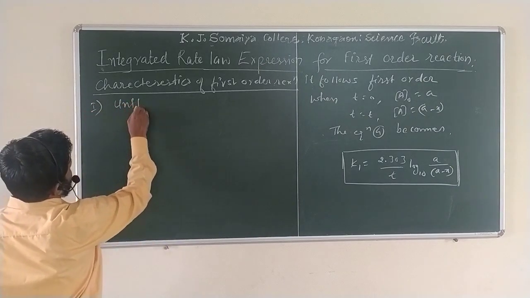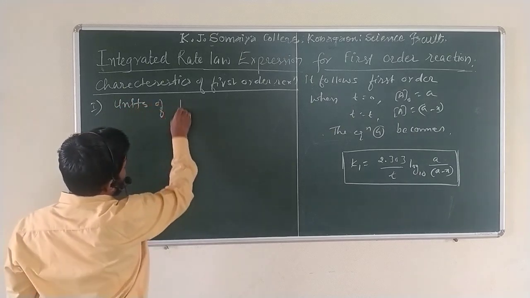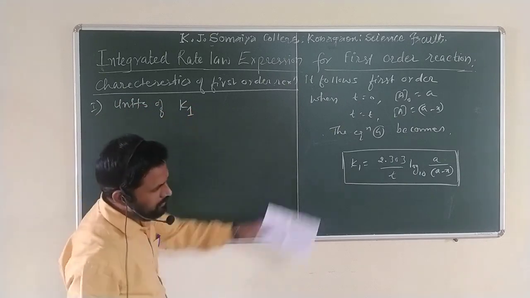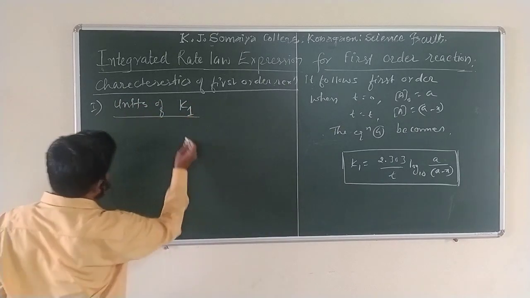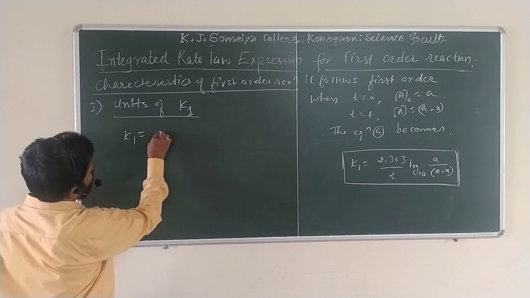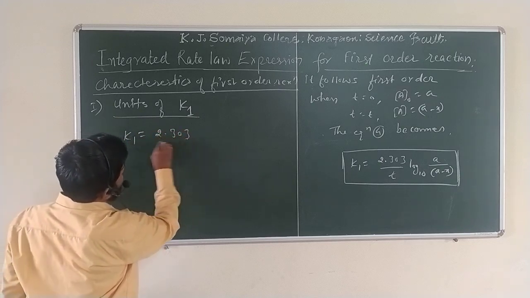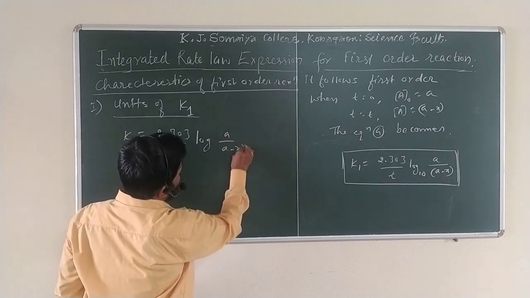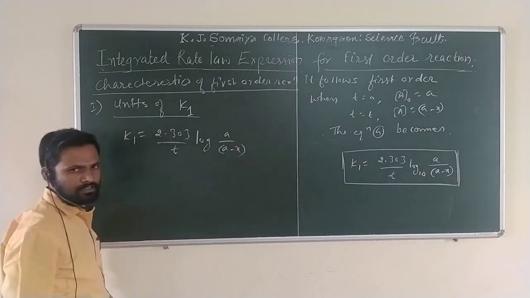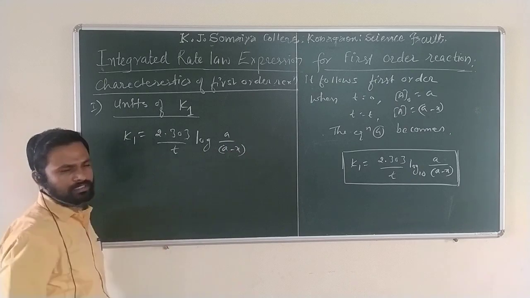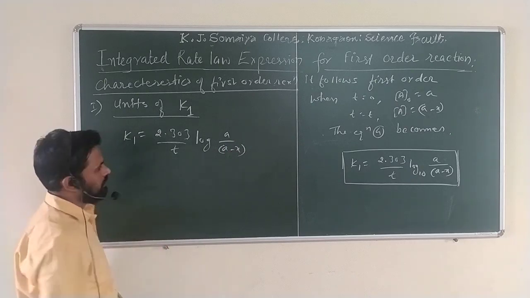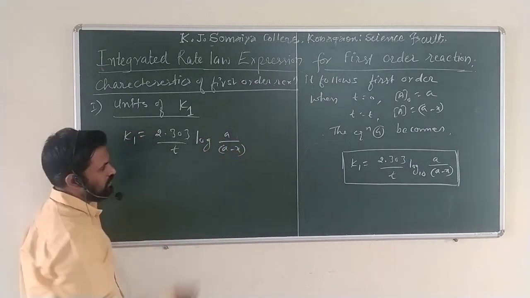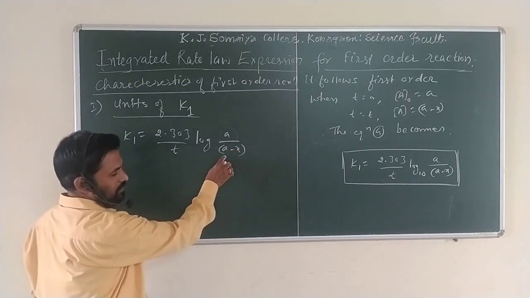Units of K1, the rate constant of first order. What will be the unit? First write the formula: K1 equal to 2.303 upon T log of A upon A minus X. From this we can calculate the rate constant of first order reaction. A is the initial concentration, and A minus X is also the concentration at time t.